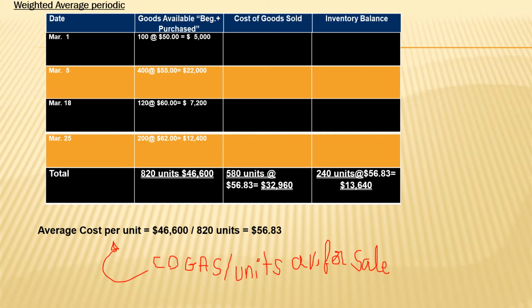This will give us the average cost per unit. Okay.